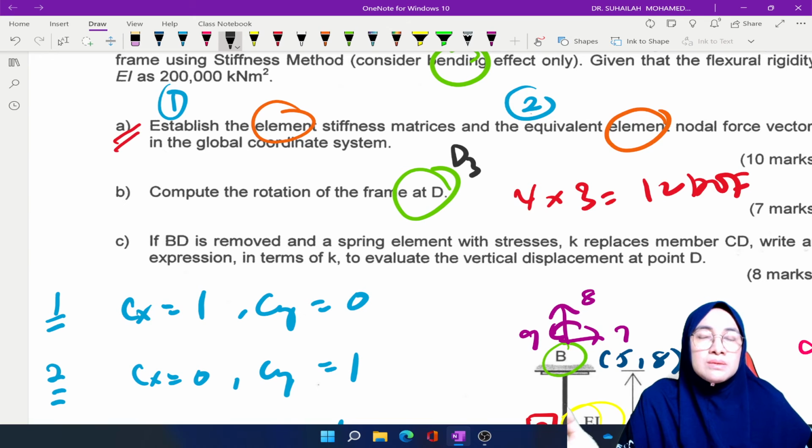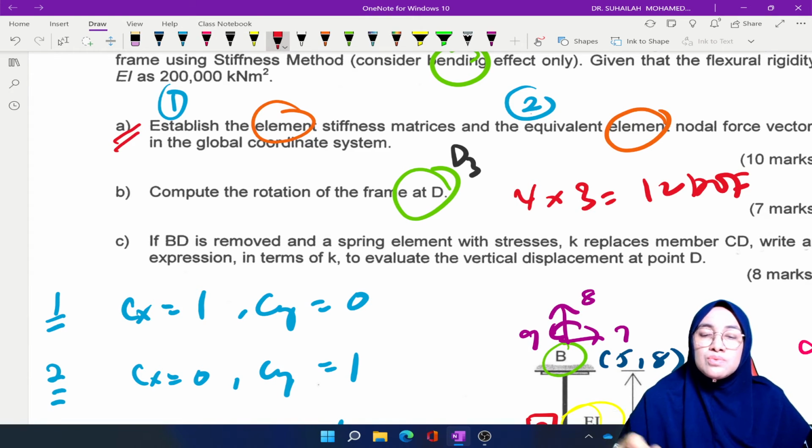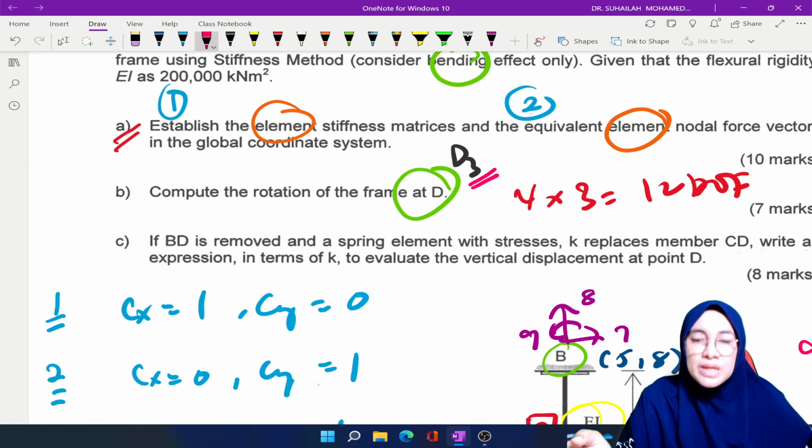Of course, by solving the simultaneous equations or the matrix, we will straight away get all 3 values, but I just want to see the answer for D3.